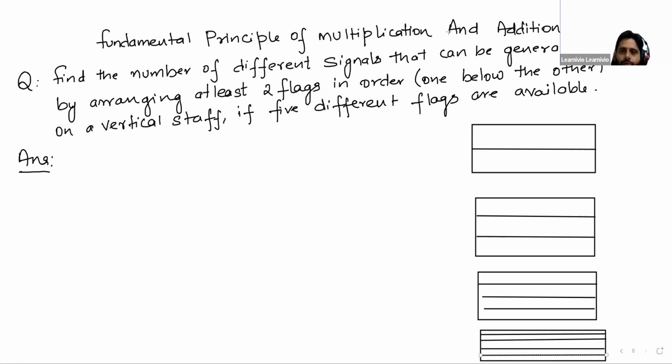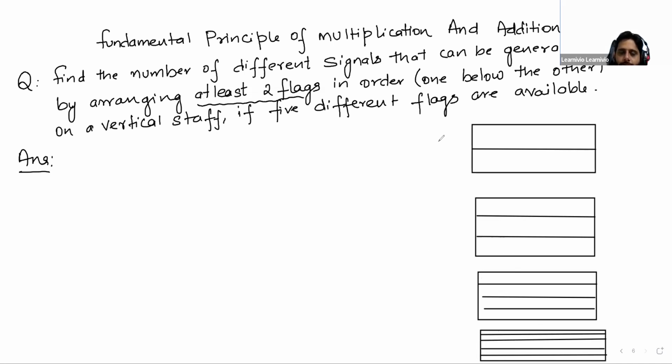So we have these choices. Okay, Yusra, Safan, and Krishna, do you understand? Yes, sir. In the question it was mentioned that at least 2 flags we can use. So we can use 2 flags and we will get this signal. We can use 3 flags and we will get this signal. We can use 4 flags, we'll get this signal, and we can use 5 flags and we will get this signal.